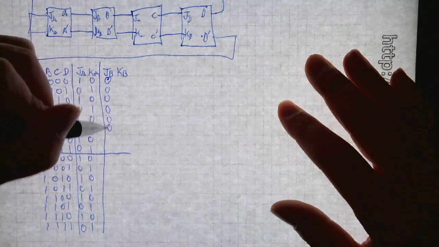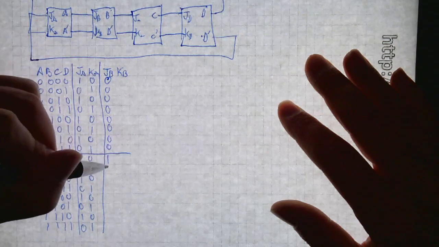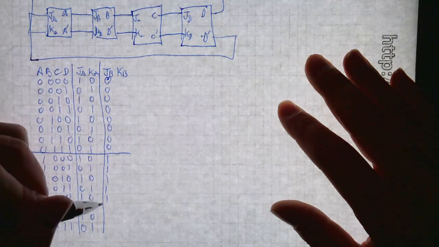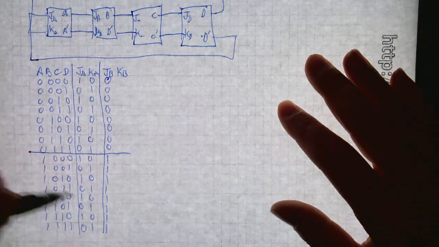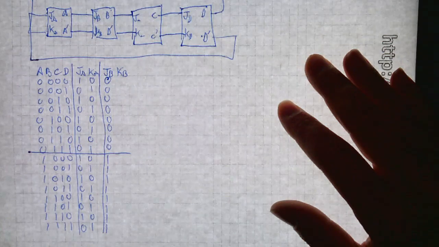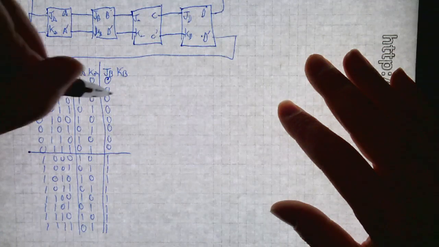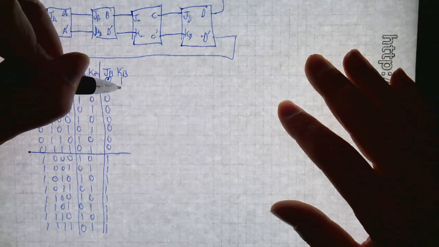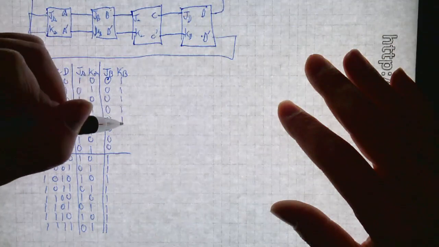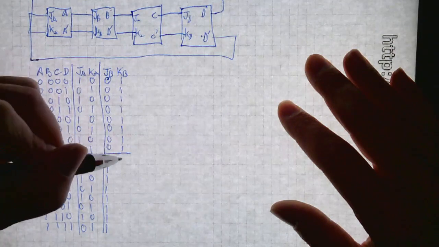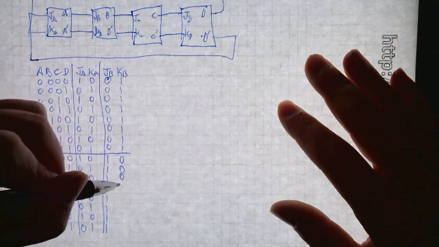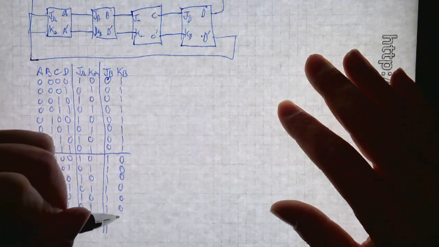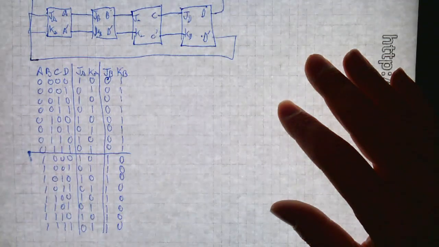That's easy. You can kind of see why I need to use graph paper here, right? Keeps the lines going. And now KB is the opposite, so that's not too bad. Just invert JA. Now I did another bit.